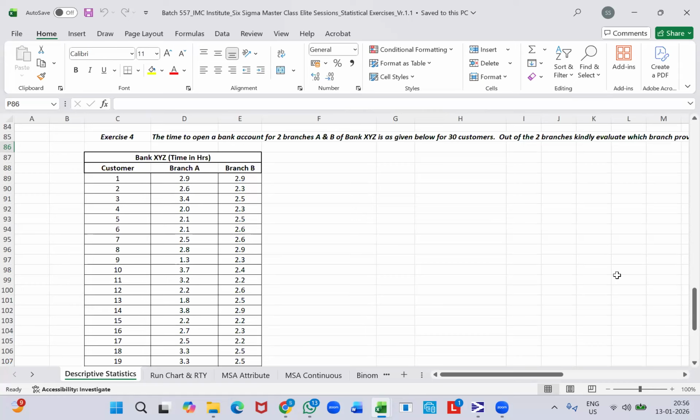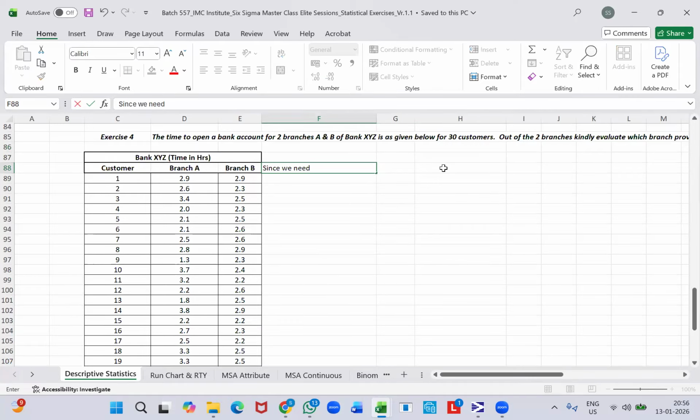So since we are talking about time here, whichever branch is taking a lesser mean time to open a bank account, that branch will be considered as a better performing branch. So that will be my first approach, right? So let me just provide that summary here.